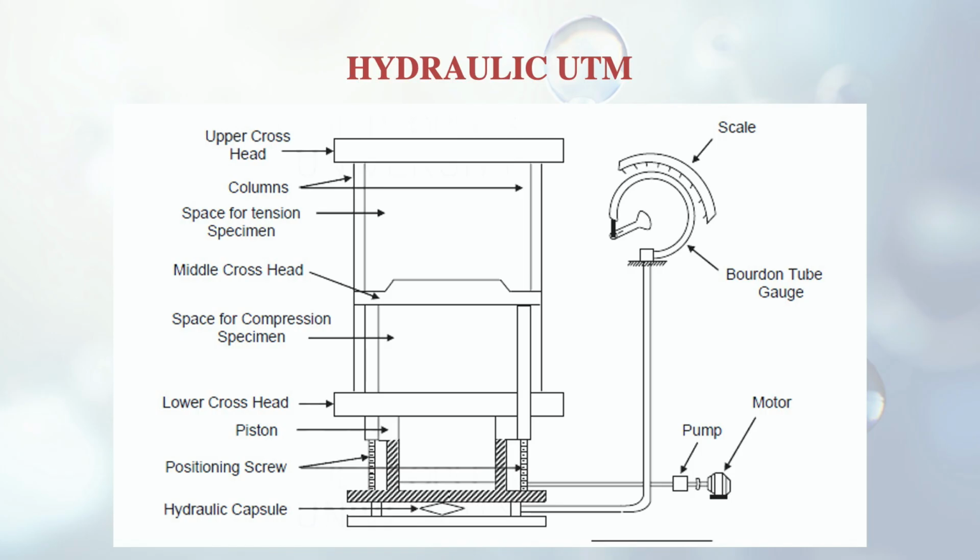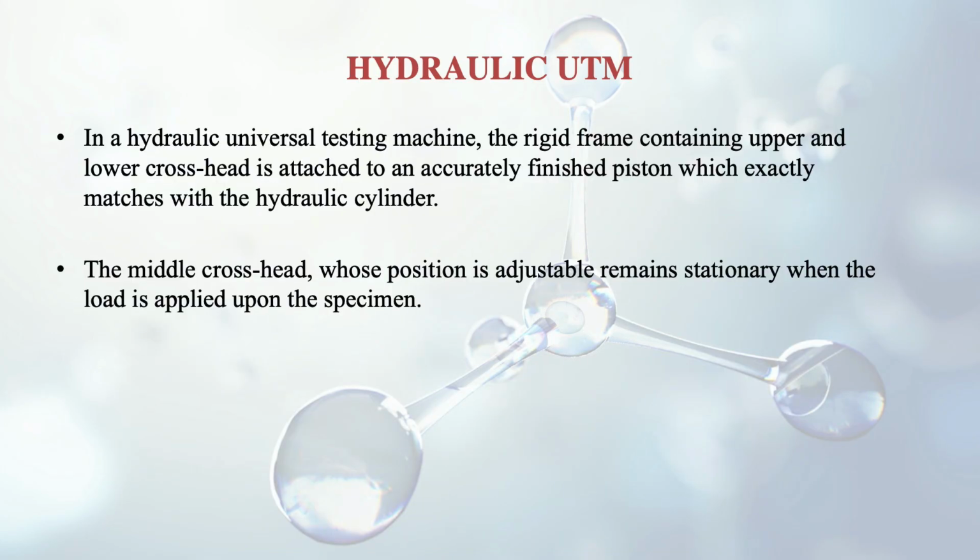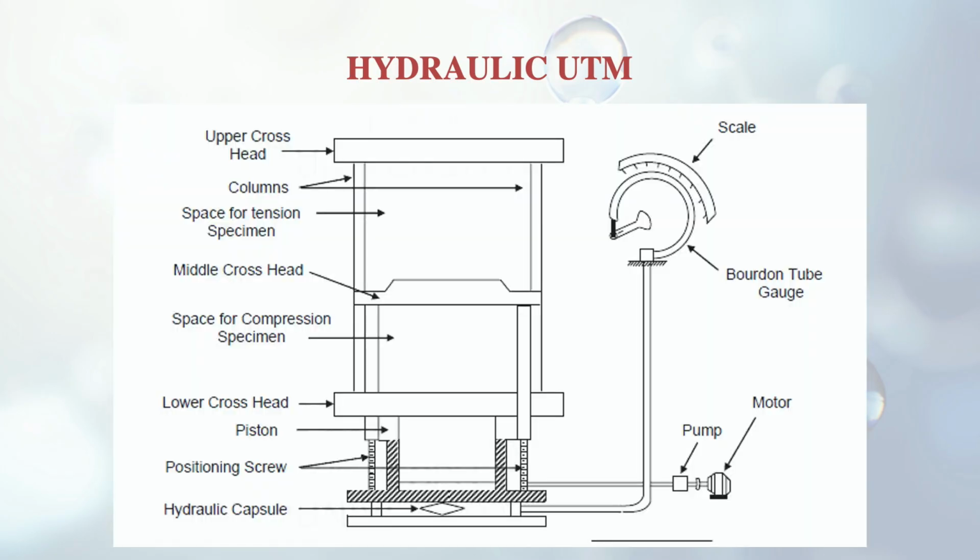So this piston is connected to the lower and the upper crossheads. The middle crosshead is the one which is adjustable, but it remains stationary when the load is applied upon the specimen. So in this case, this middle one will not be moving as such. It will remain stable, but yes, we can adjust this position with the help of the screws which are given here.